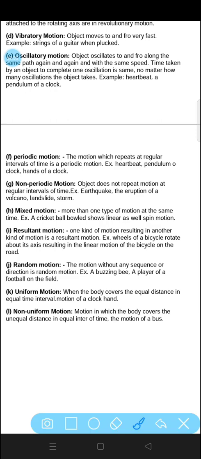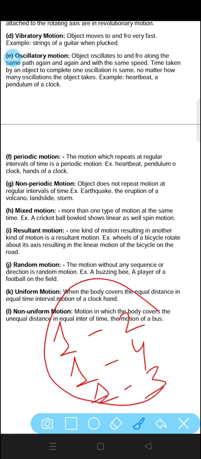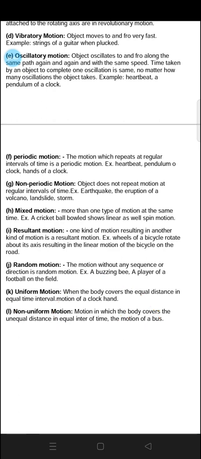And if you are covering 1 kilometer in 2 minutes once, then again 1 kilometer in 4 minutes, then again 1 kilometer in 3 minutes, so this will be called non-uniform. Equal distance covered in equal time is called uniform motion, and equal distance covered in unequal time is called non-uniform motion. So that is all about this chapter.